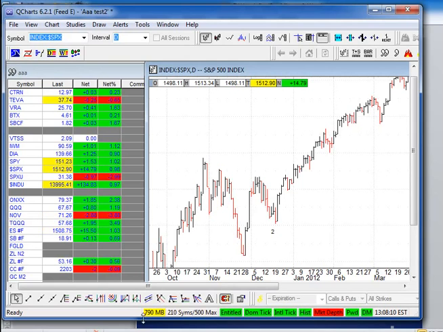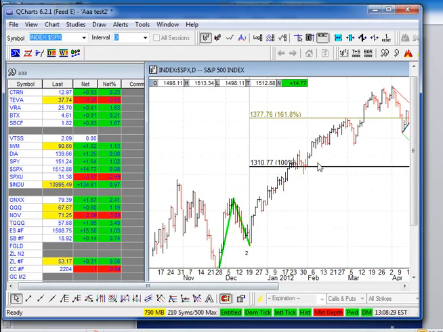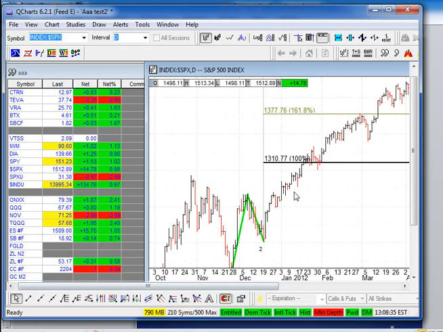And that's what we do. So take this one here, take the distance from here to here, and project it from the 2. Here's the 100% point, here's the 161.8% point. The fact of the matter is quite often when markets are in an advancement, they go past the 161.8% point, not just the 100% point.